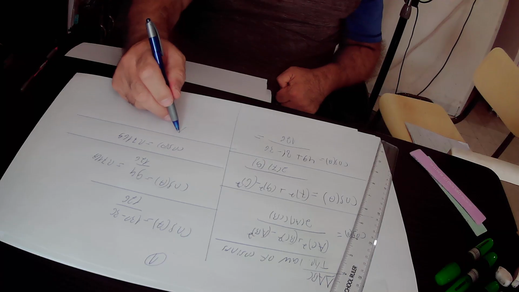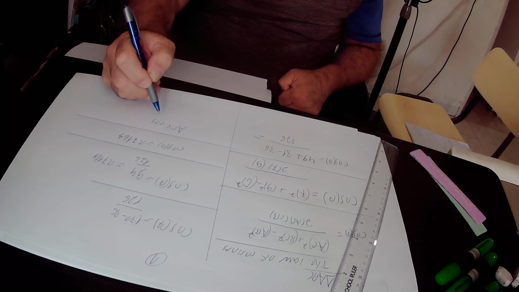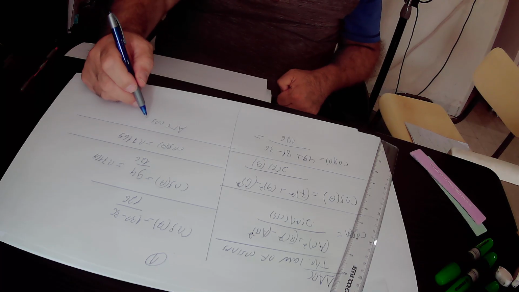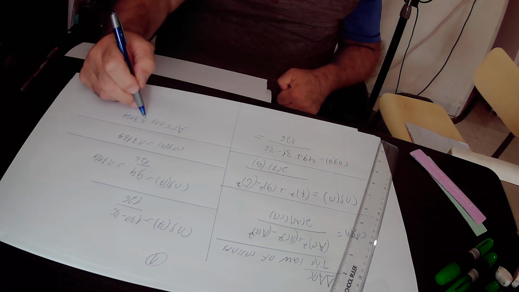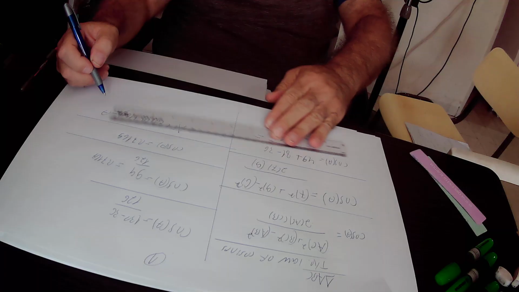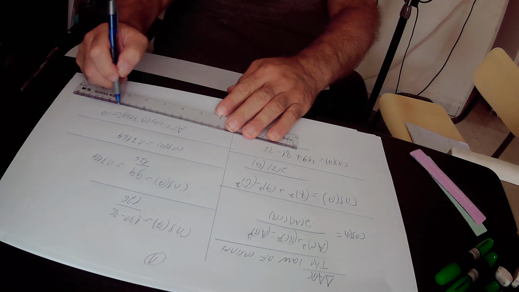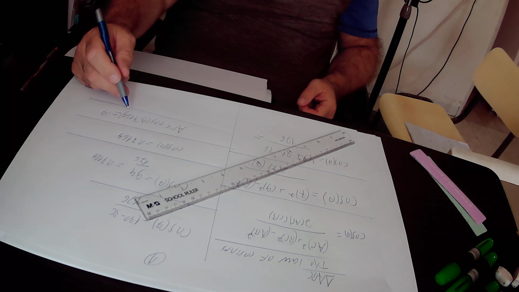So arc cosine of the result of cosine theta, that is 0.7169, is equal to angle theta itself. So angle theta equals arc cosine of 0.7169.